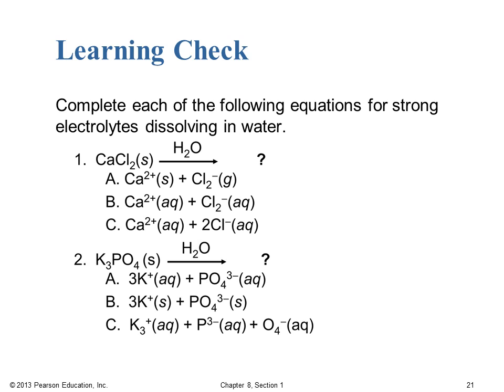Chlorine is in group 17, or 7A, and it wants to form a negative 1 charge. And so we're going to have 2 chloride ions formed from the dissolving of calcium chloride, because we see that 2 as a subscript after the Cl in the reactants.